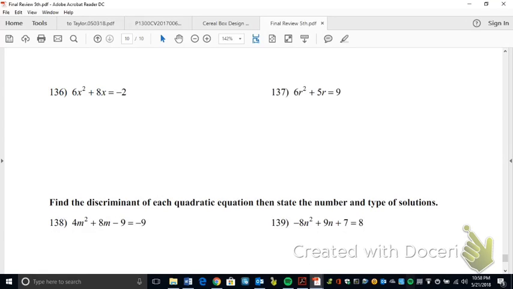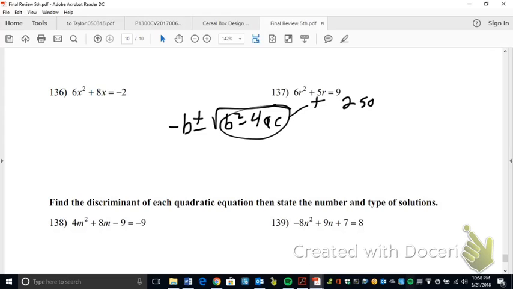So, in 138 and 139, we are asked to find the discriminant of each quadratic equation and then state the number and type of solutions. So that b squared minus 4ac, that's our discriminant. Now, if our discriminant is positive, we get 2 solutions.